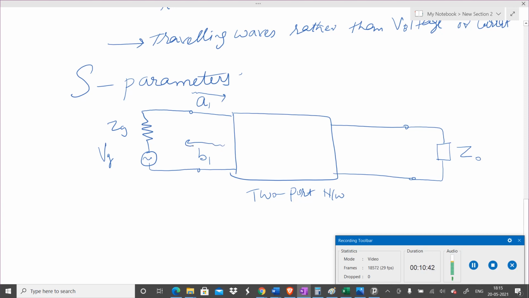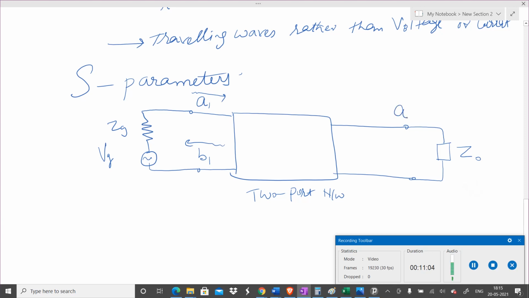Microwave hybrid devices can have edges, can have some reflections in between. So there can be reflection, and so part of a wave may be transmitted through the device, or part of the wave may be reflected. So by B1 I represent part of a traveling wave which is reflected back.